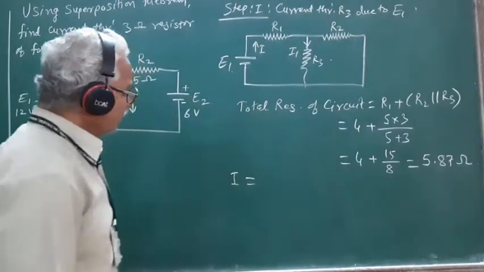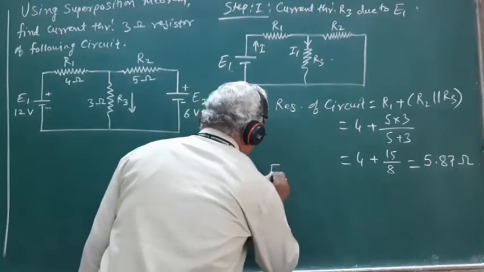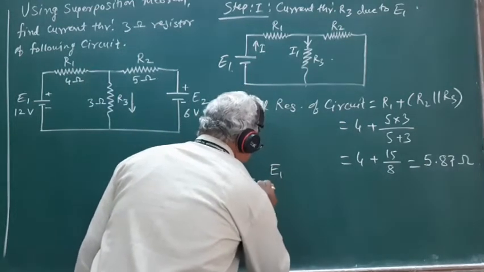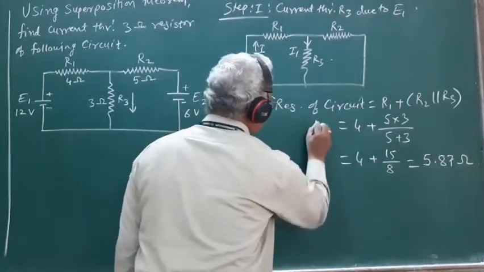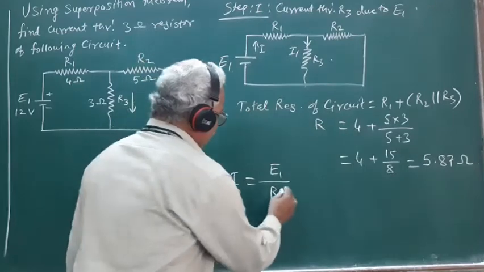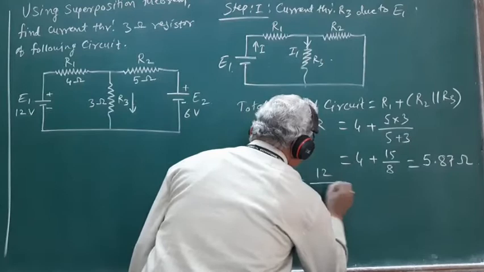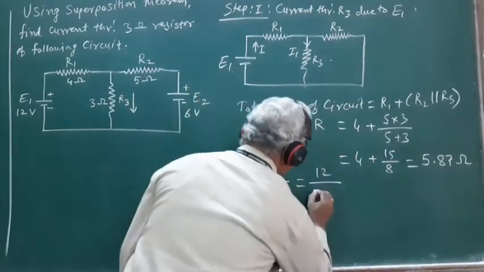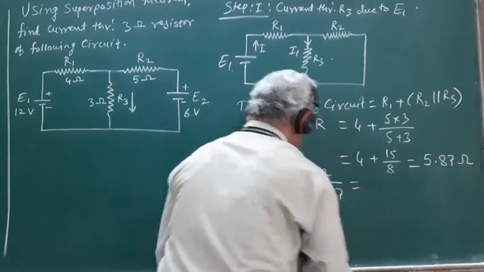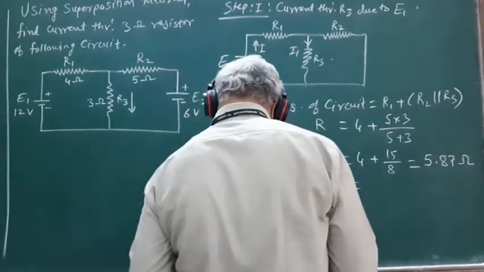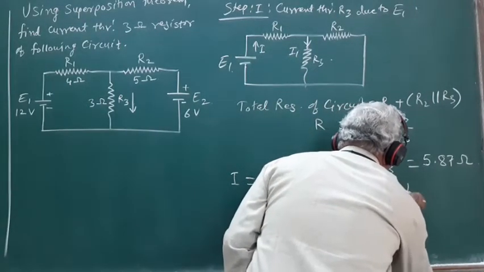So knowing the total resistance of the circuit, now we can find out the total current I sent by the source E1 in the circuit, and this current I will be equal to E1 upon the total resistance of the circuit, say R. So this is equal to E1, which is 12 volt, divided by the total resistance of the circuit, 5.87 ohm, and this total current I works out to be equal to 2.04 amps.